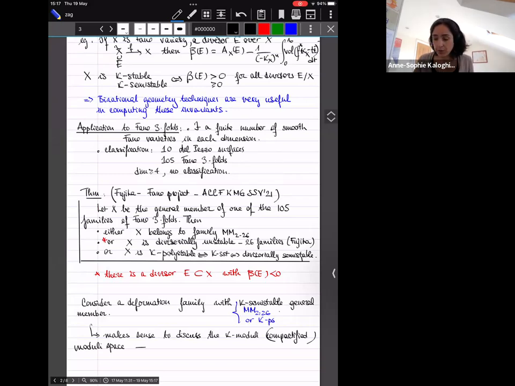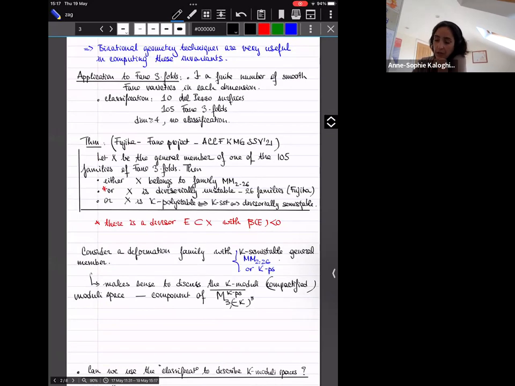This is going to be a component of the projective K-moduli space that appears in Li, Wang, Xu, and Zhuang's theorem. This is a component of M_{3,V}^{K-polystable}, where 3 is the dimension and the volume is (-K_X)^3. So the question I want to ask is, what do we know for these?